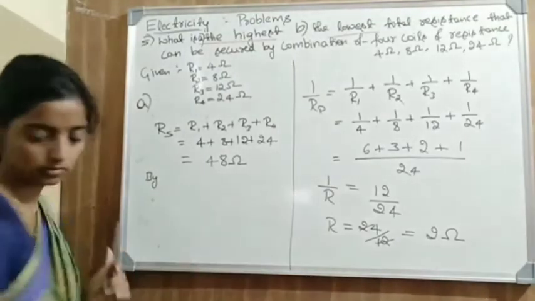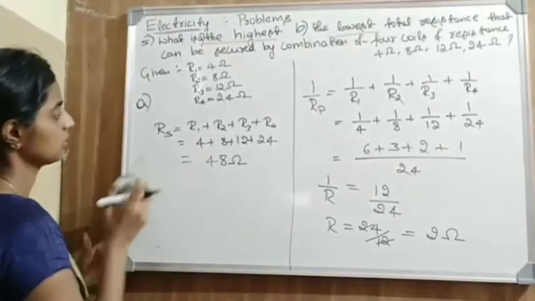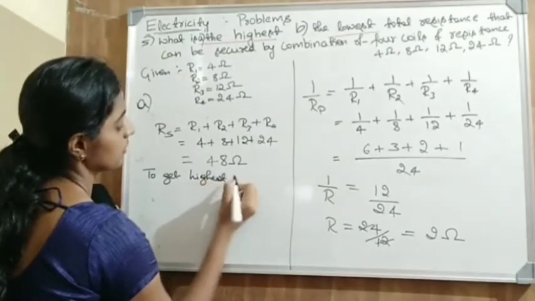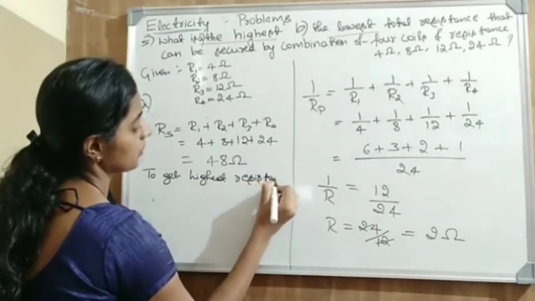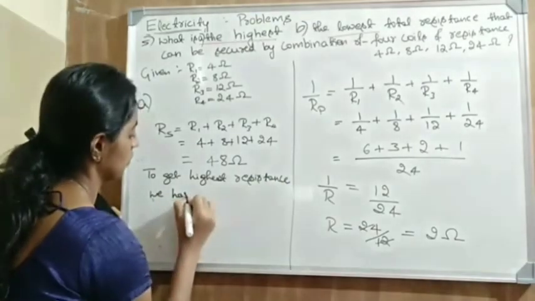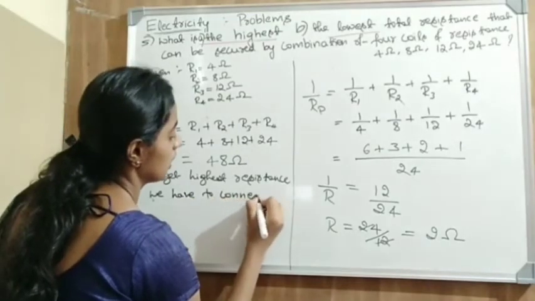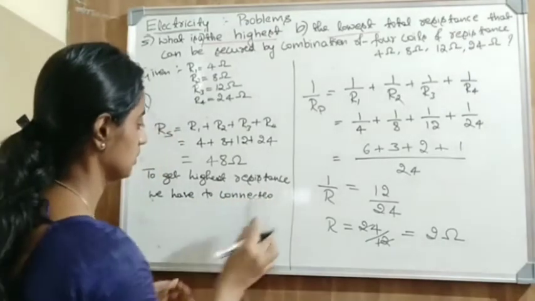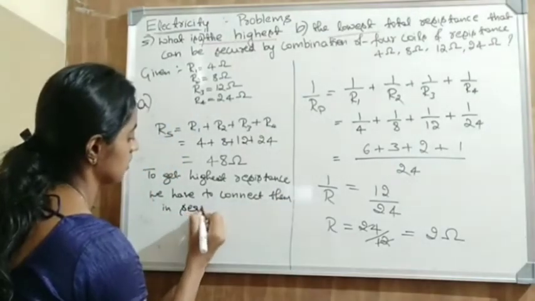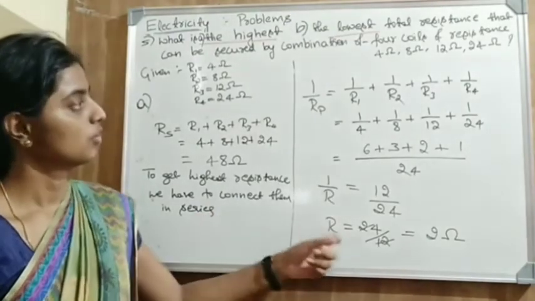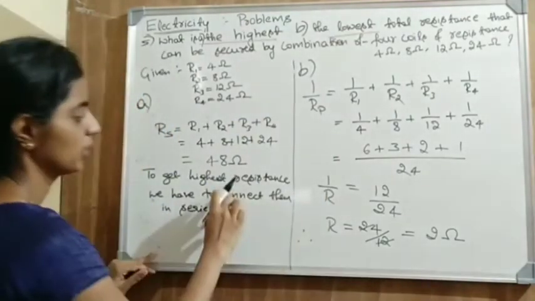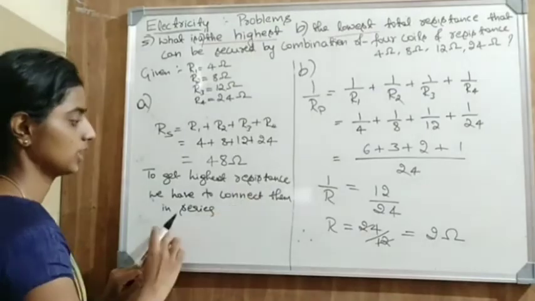To get the highest resistance, we have to connect them in series. Same thing for the B, the lowest value. Therefore, to get the lowest resistance, we have to connect them in parallel.